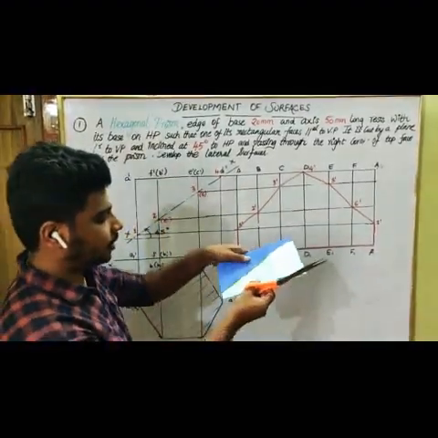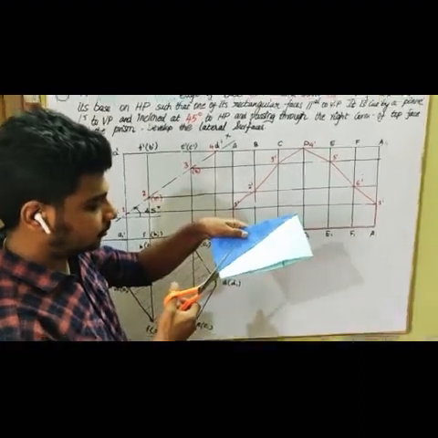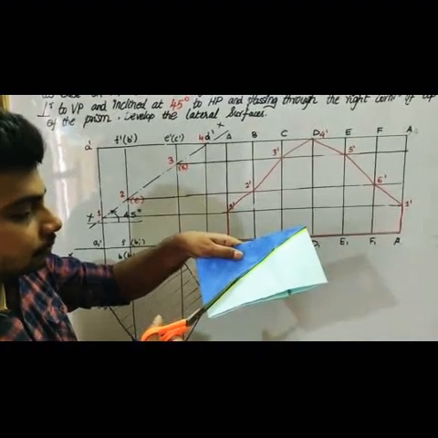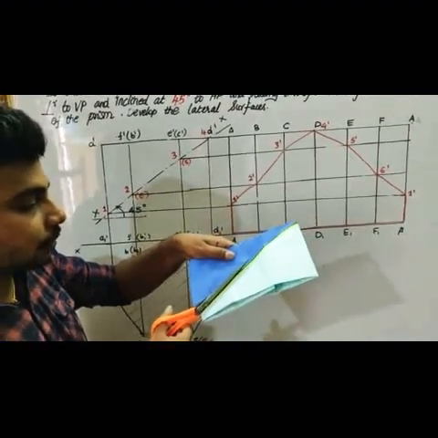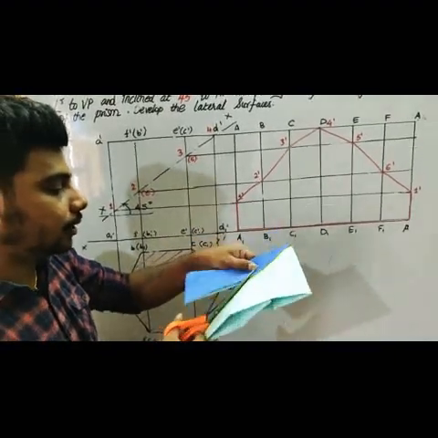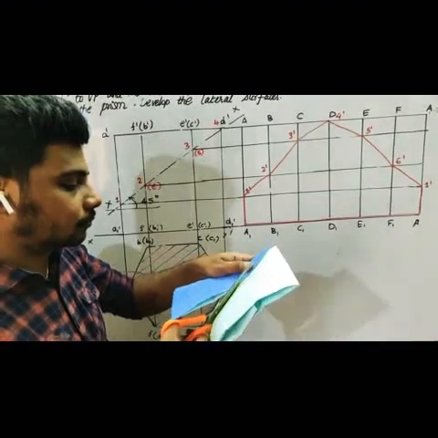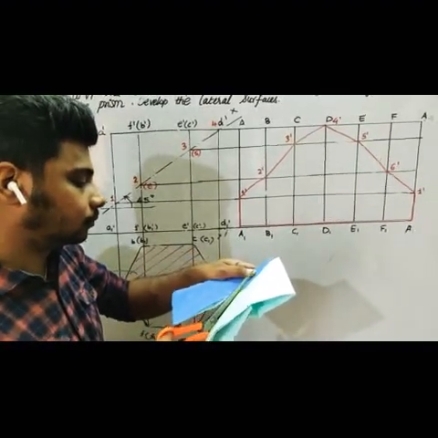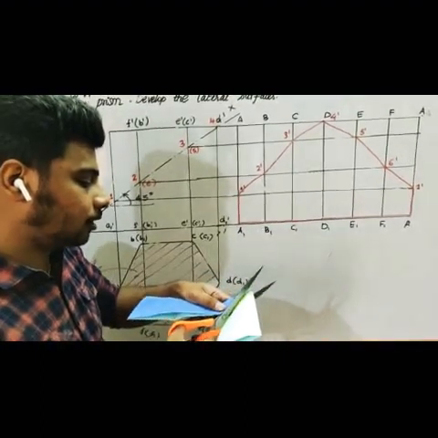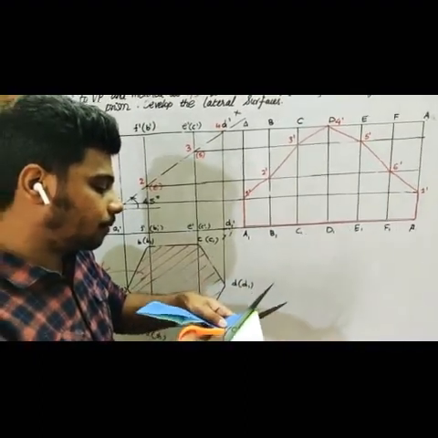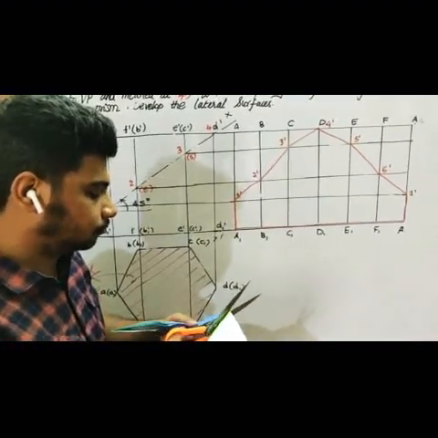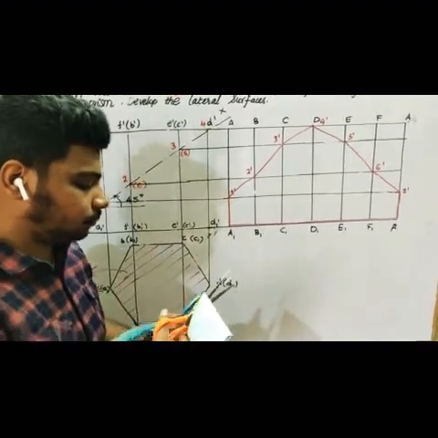So I am going to make a cut here, you see here. I am going to remove the top portion which is blue in color, which is passing through the corner points, right?